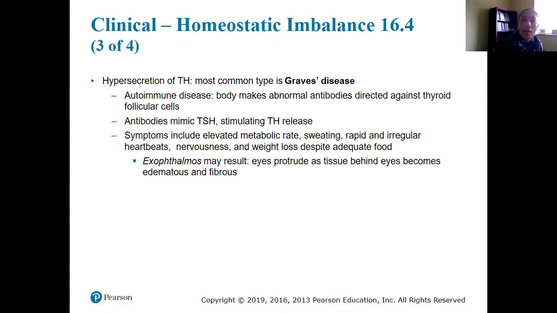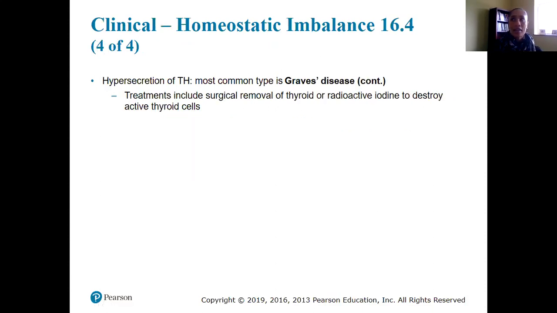So having an overactive production of thyroid hormone can have just as negative effects on the body as having underactive thyroid hormone levels. They're just obviously on the opposite ends of the spectrum. If you do have Graves, it can be treated. Treatments can involve removing your thyroid or having some radioactive iodine to destroy the active thyroid cells.